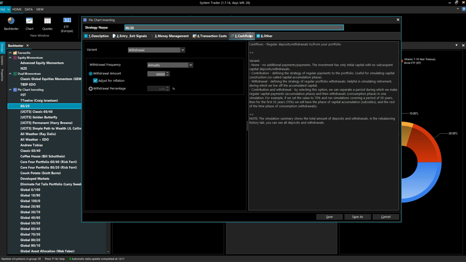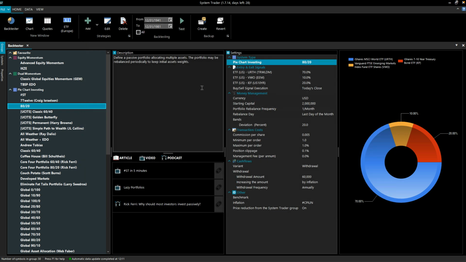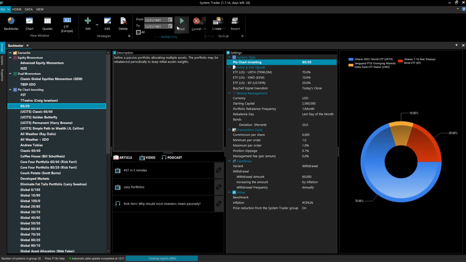So rather than taking out $80,000 from our account in the first year, we will take out $60,000 and we will adjust that amount by inflation in the subsequent years. Let's see what happens during the tough period between 1942 till the end of 1981.